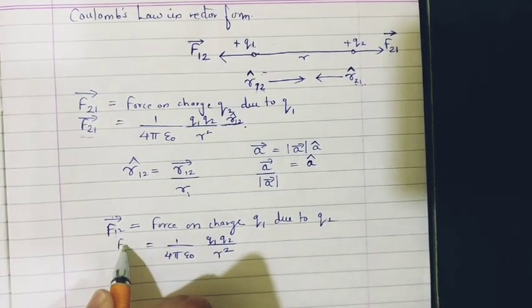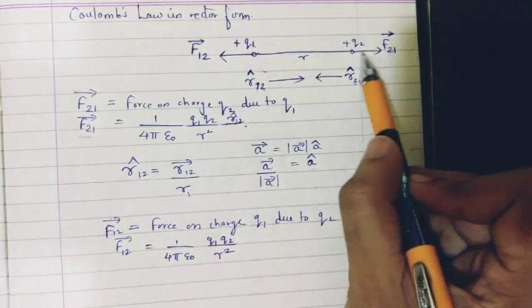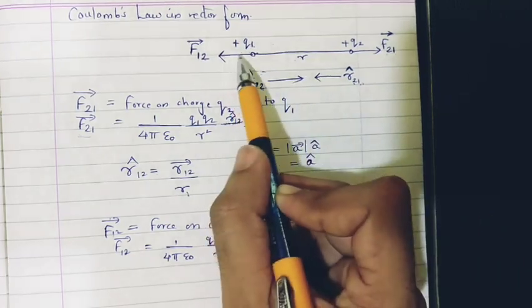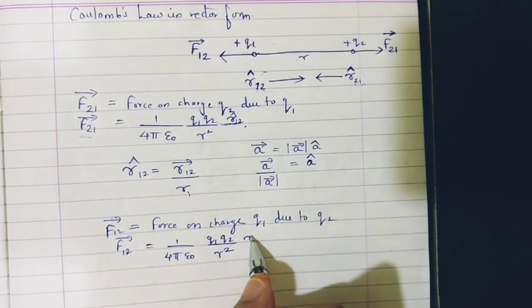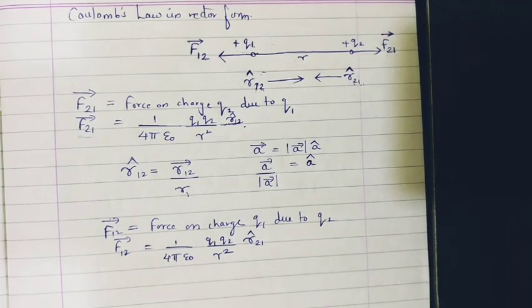But now we have F12 over here, and what is in the direction of F12 here? F12, F21, these two are in the same direction. So what will come over here? F21 cap, which simply means that the force is in the direction of R21.